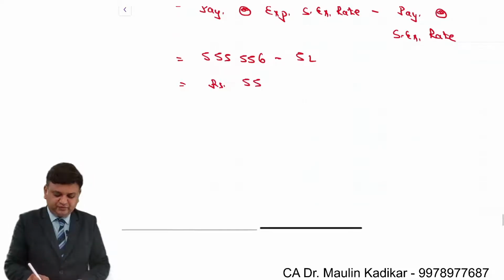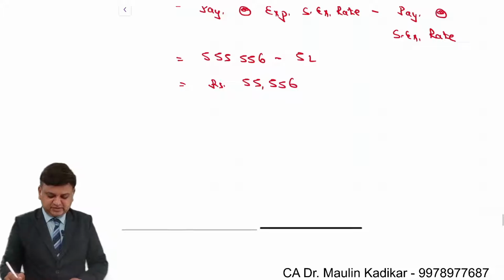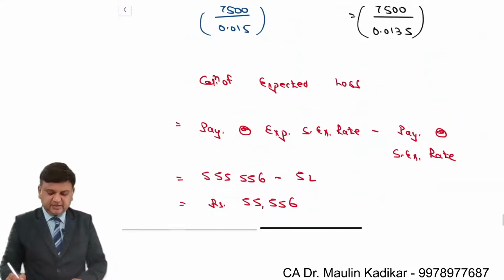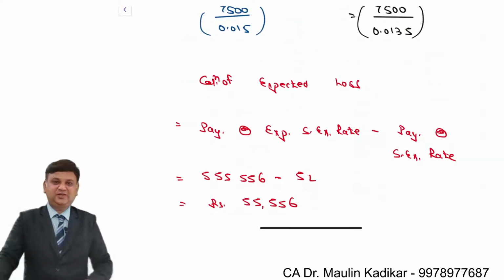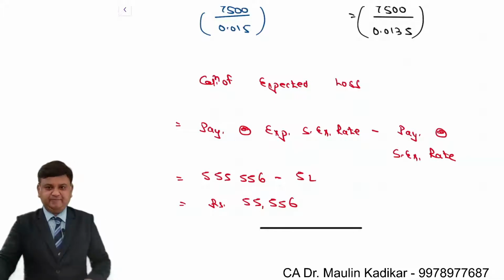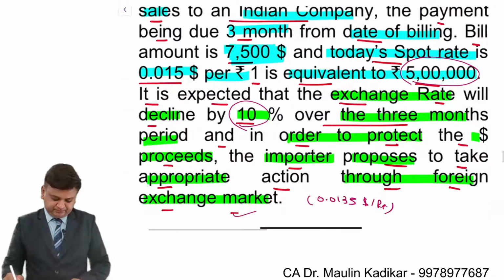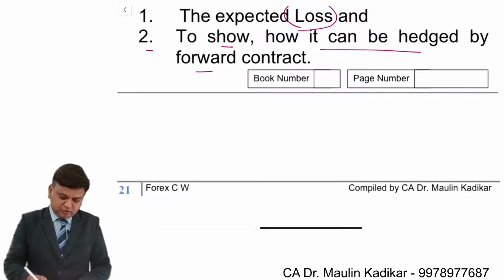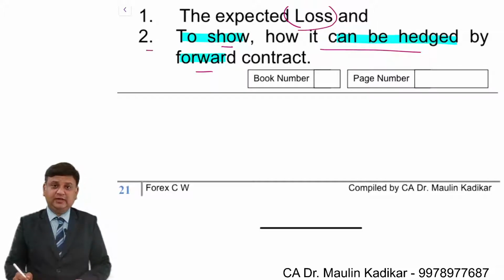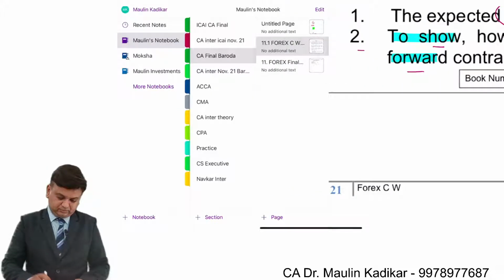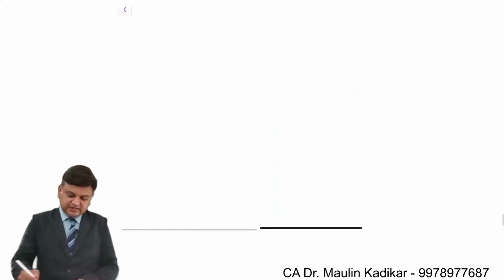That comes to 55,556. That is the way we can compute the expected loss. Second part of the question: you are required to show how it can be hedged by forward contract. Please write down the answer to the second question.